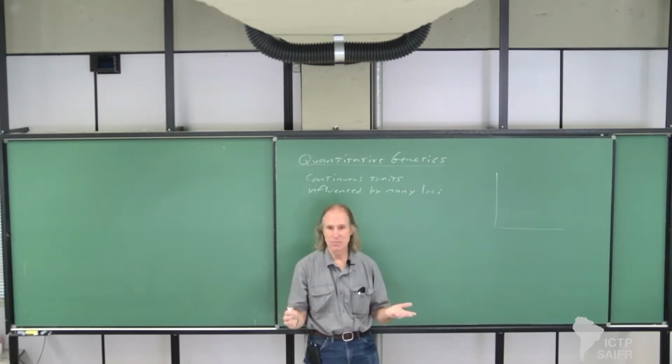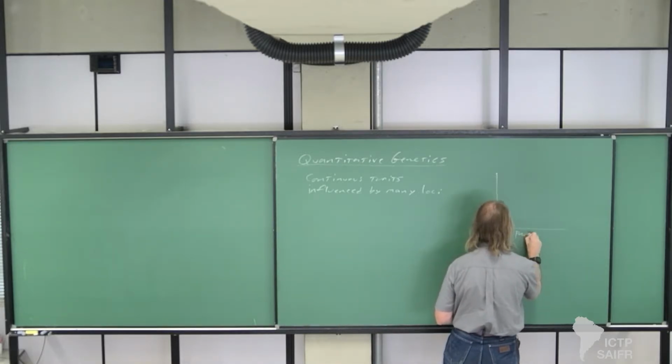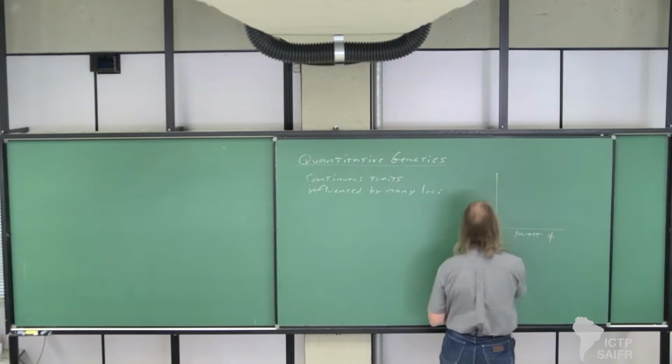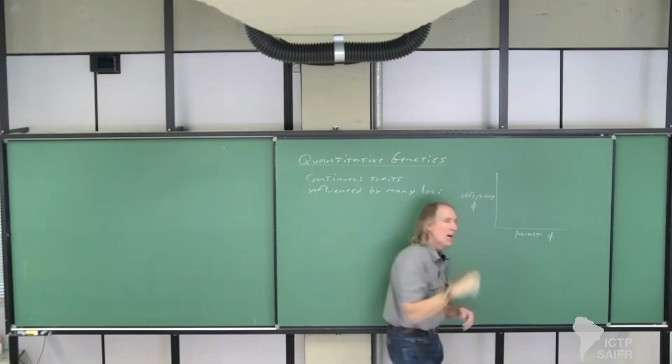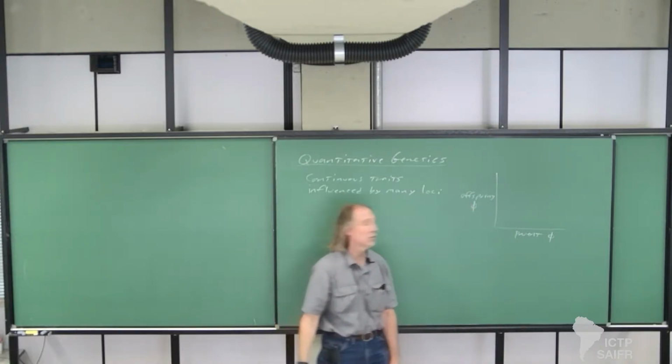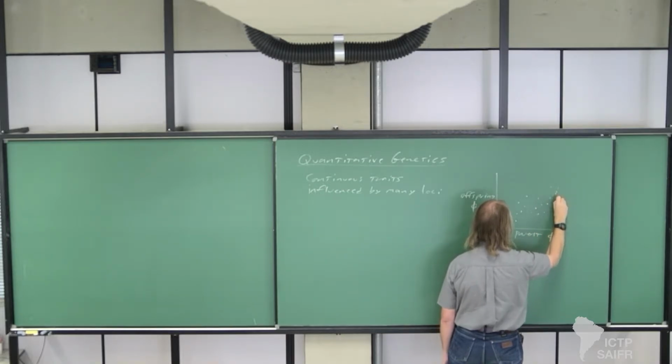Okay. What you can do is look at parent phenotype and offspring phenotype and see how those are related to one another. And so in quantitative genetics, if you look at the plot, the phenotypes of offspring as a function of the phenotypes of their parents, you often see something kind of like this.